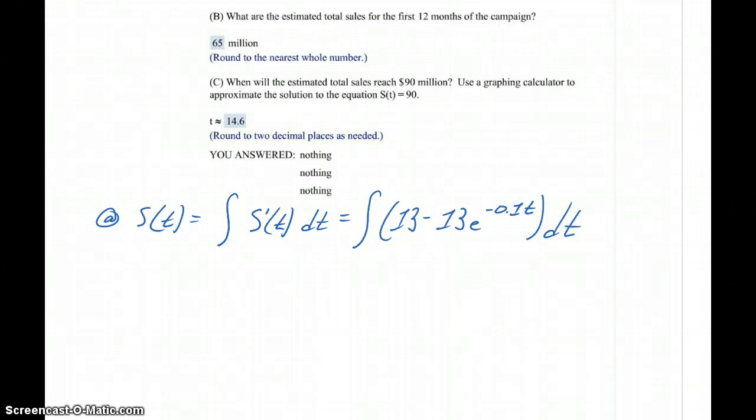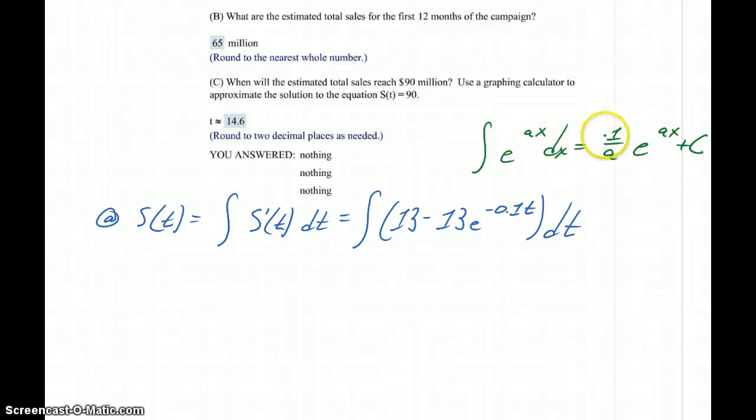Now, a formula that I've introduced, and one that we're certainly welcome to use from this point on, is this identity, which ends up always being true: the integral of e to the ax dx is equal to 1 over a times e to the ax plus c. The reason we establish that property is that the integral of e to some constant times x occurs frequently, and rather than going through the steps of integration by substitution, we can pick up on this pattern and apply it as a quicker route.